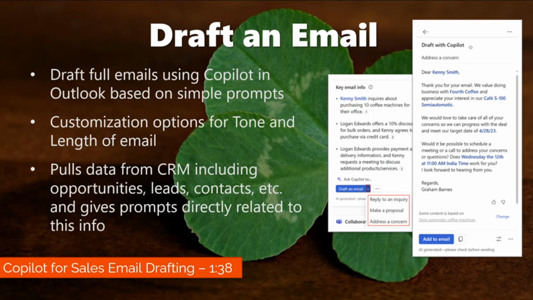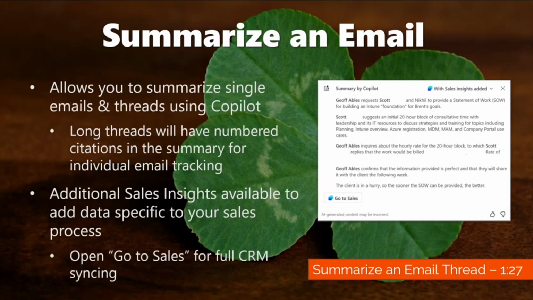Now that we saw how we can combine our sales data with our CRM into the drafting and email process for our communications, let's build on that a little bit and move into summarizing an email. So imagine there's already a lot of this email thread going on.